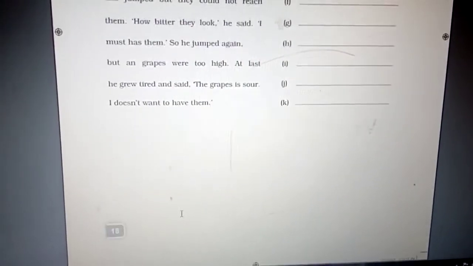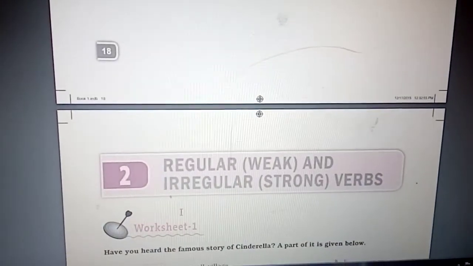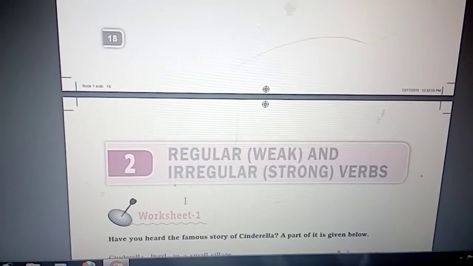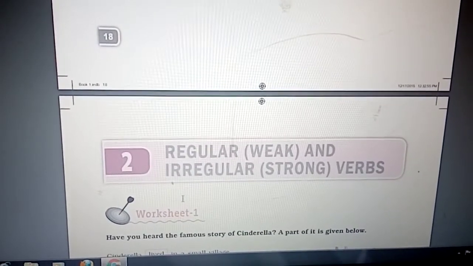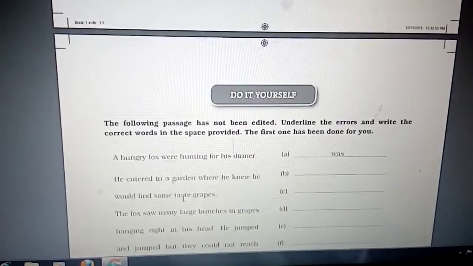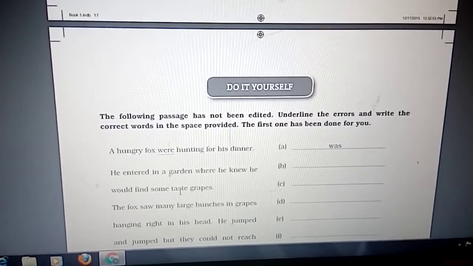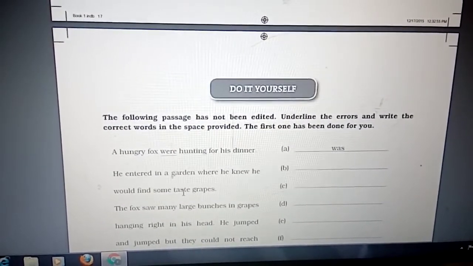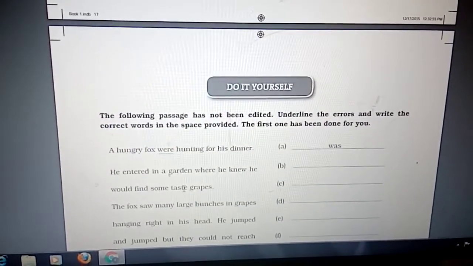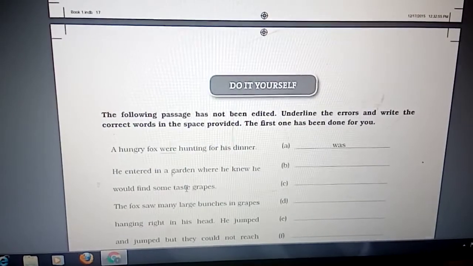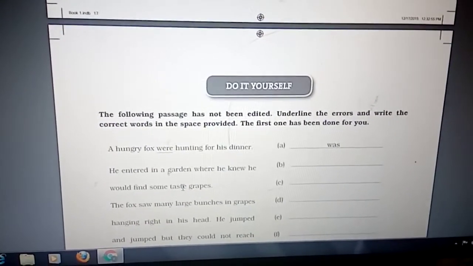Okay children, thereafter chapter 2 will start, which we will start in the next class. Today we discussed the correction of the passage, how to edit the given passage, and how to use a suitable verb with a subject and an adjective or adverb, etc.